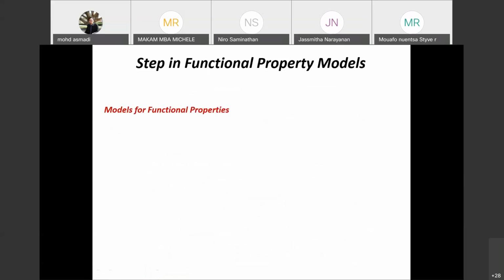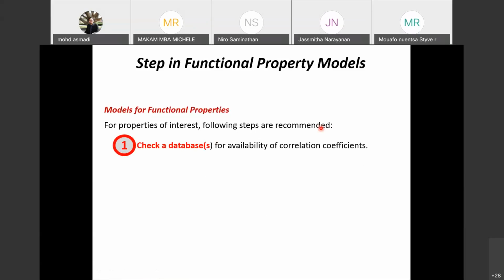But mainly it is a function of the temperature, and in some cases a function of pressure. So if you have a property of interest, you have to follow these three steps.